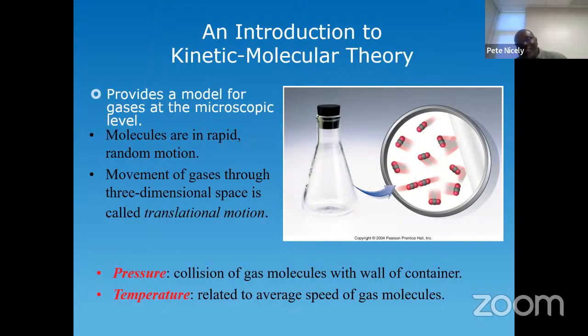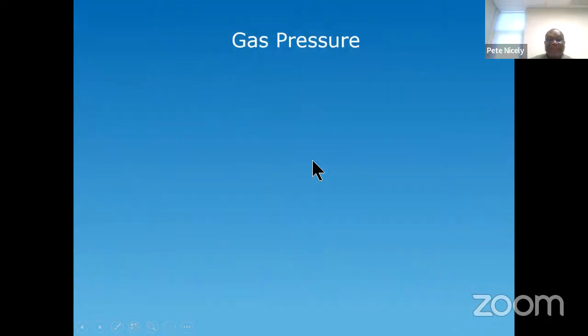As a result, the gas particles will be moving around more rapidly, and they'll be colliding with the walls of the container more frequently and with greater speed, and therefore will exert a greater force on the walls of the container, and as a result, will exert a greater pressure on the walls of the container. So as stated here, the temperature is actually related to the average speed of the gas molecules, and we're going to discuss that in more detail later on as well.